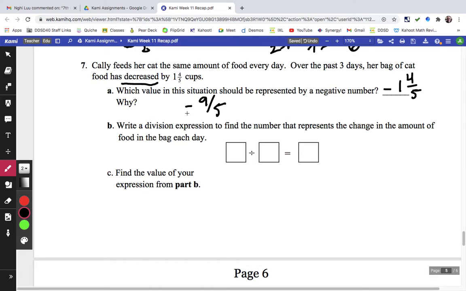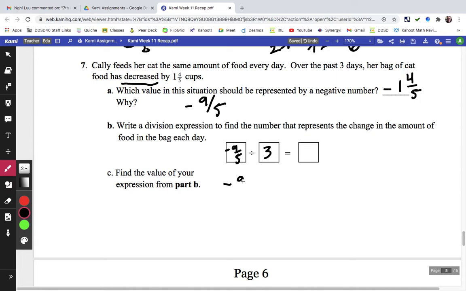And it says that this happened over a 3-day period. So we're going to do -9/5 divided by the 3 days to find out how much it changed each day.